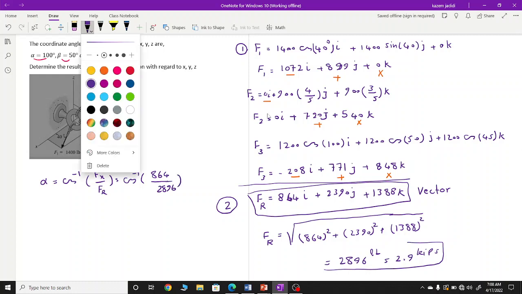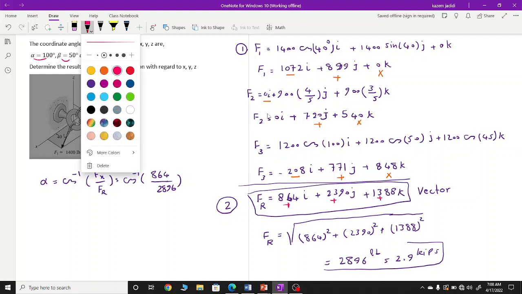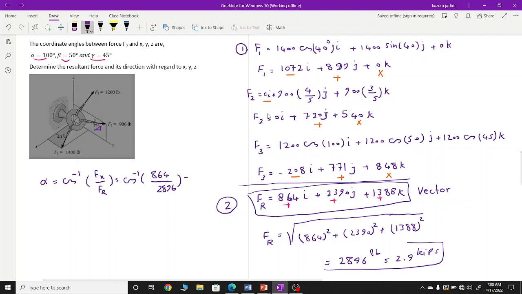Don't forget, I'm going to highlight Fx, Fy, and so this is our Fx, this is our Fy, and this is our Fz or Fk. So solve this, it will give you the angle equal to 72.6 degrees.